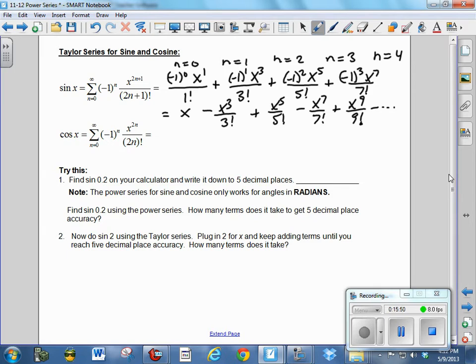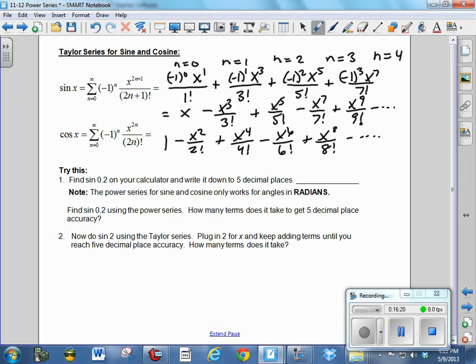So I get 1 times x to the 0 over 0 factorial. That ends up just being 1. Then I end up minus x squared over 2 factorial plus x to the 4th over 4 factorial minus x to the 6th over 6 factorial plus x to the 8th over 8 factorial, etc. Okay, so I end up with alternating signs, only now everything is even.